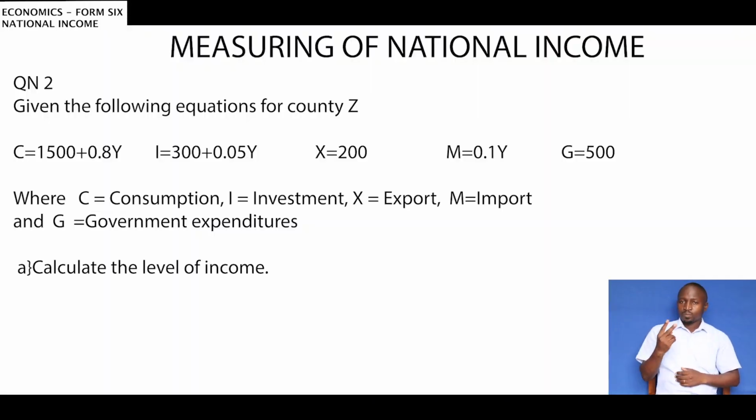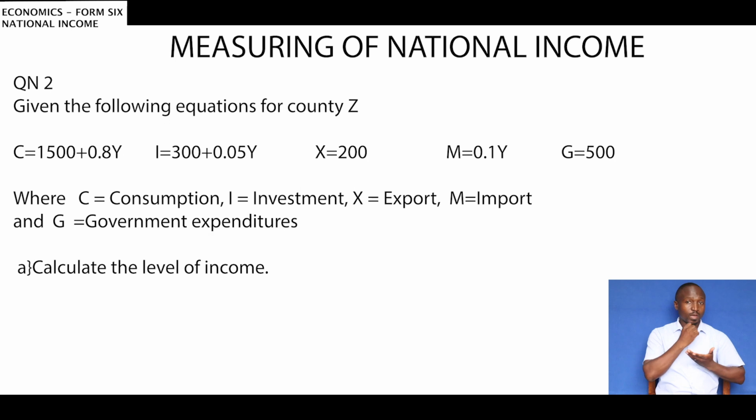Question number 2 says, given the following equations for country Z, C equals 1,500 plus 0.8y, this is consumption. I equals 300 plus 0.05y, I is investment.